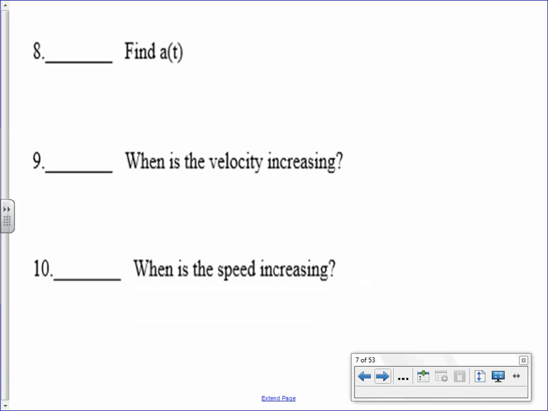Find acceleration. Okay, again, they didn't say average, so you got to use derivatives, right? Acceleration is the change in velocity over change in time, dv/dt, not using the deltas. If they said average acceleration, I would do delta v over delta t. So we have to take the derivative of the velocity.